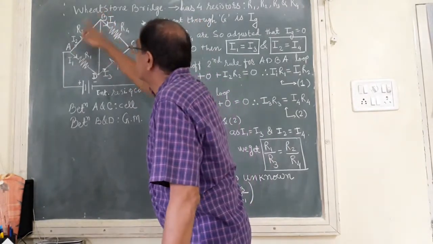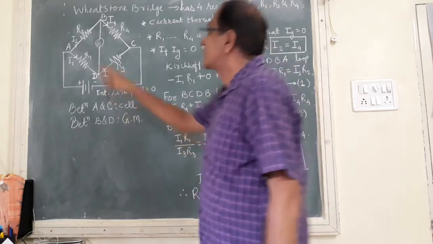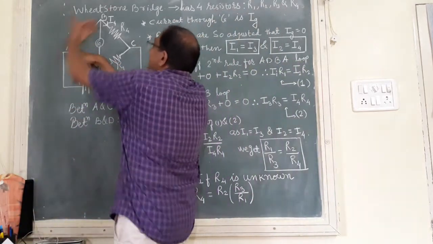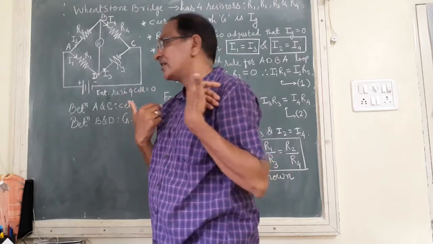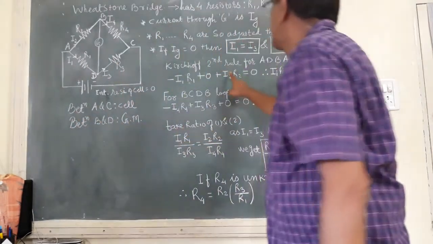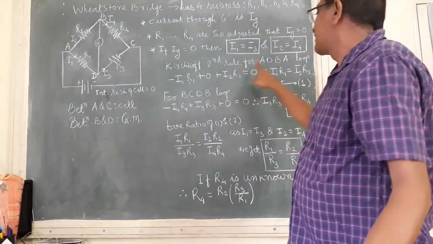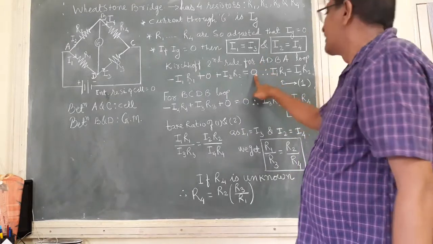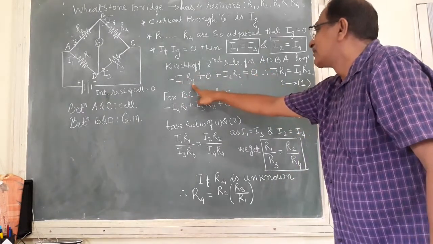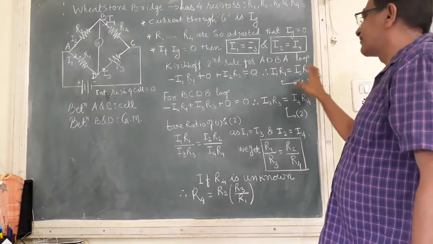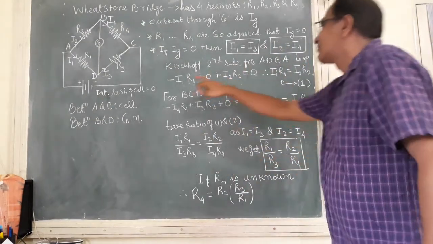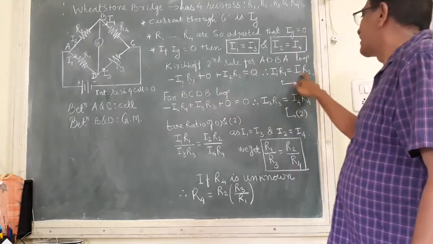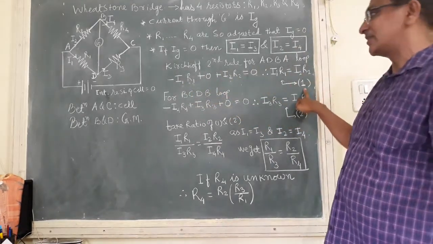Now you go through the BA branch, current is in this direction and you are moving opposite to it, so plus I2 R2 is equal to 0. Taking I1 R1 to the other side, it becomes positive. So I1 R1 is equal to I2 R2, that is our first result.